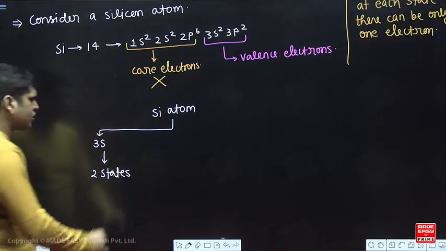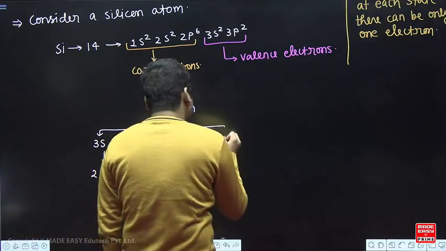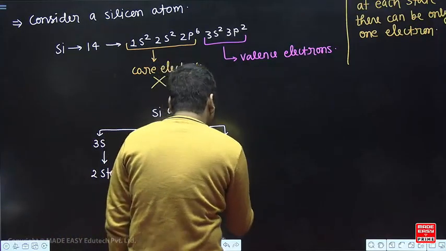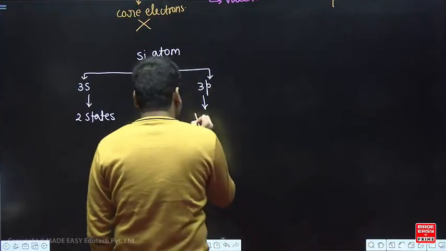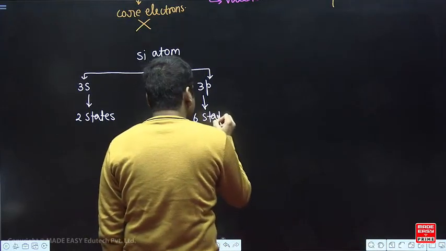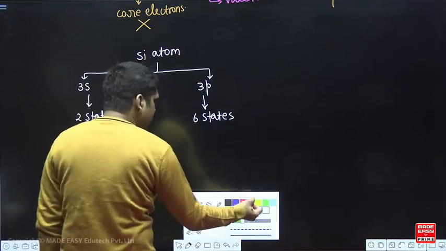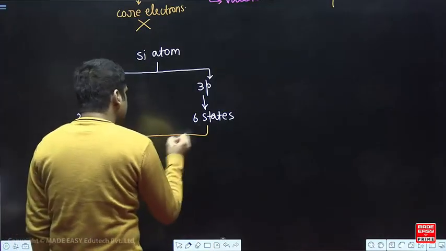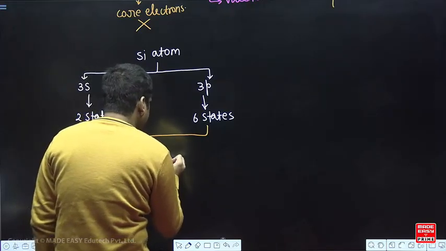At max, how many electrons can be? 2 electrons can be. ठीक? And 3p, at max, how many electrons can be? There are 6 states, right? So we are having total 6 plus 2, that is 8 states. Total 8 states.